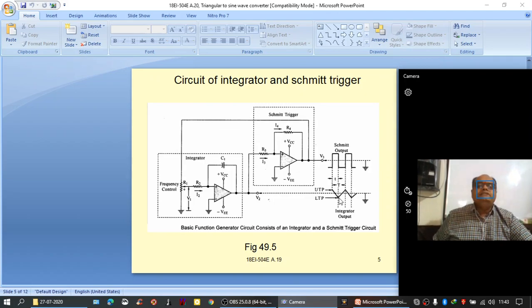At this point, when the voltage on the capacitor is lower than LTP, what happens? The output of the Schmitt trigger will go low. When the output of the Schmitt trigger goes low, that negative voltage is applied as input to the integrator circuit through the potentiometer.